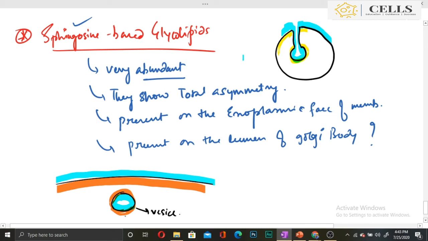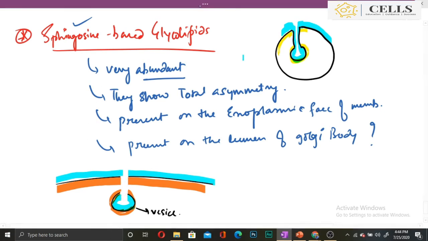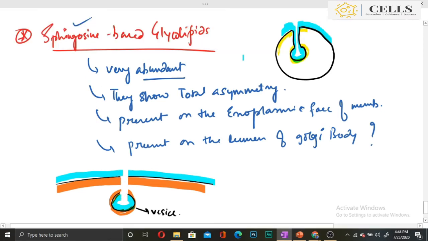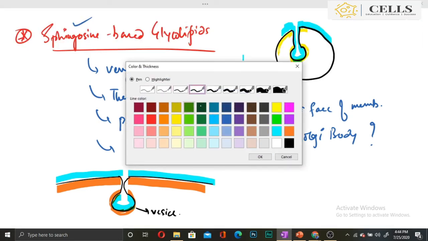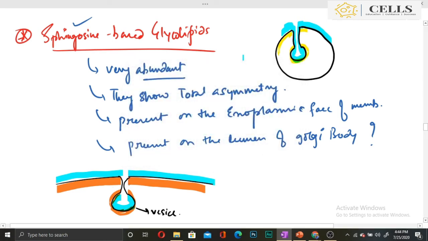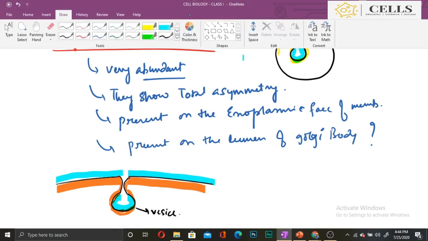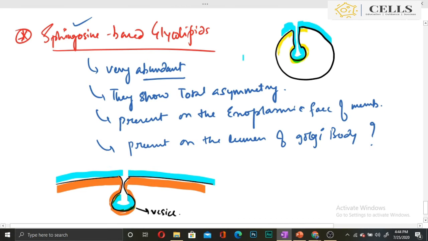Suppose you want to fuse the vesicle with the plasma membrane, so there will be a vesicular fusion, and when there is a vesicular fusion, you see that it will become like this. As it fuses, what is present outside the lumen will have the same environment as the cytosol, and the environment inside the lumen is present at the exoplasmic phase.